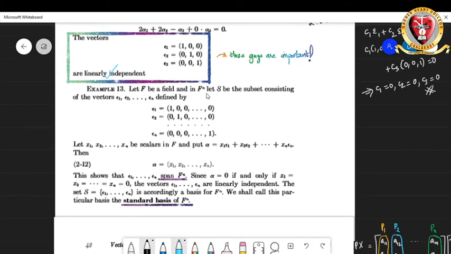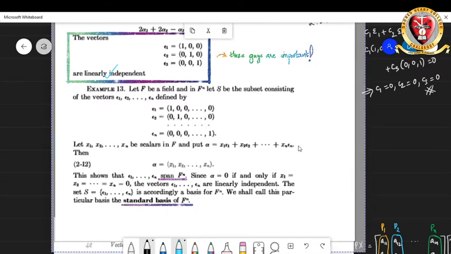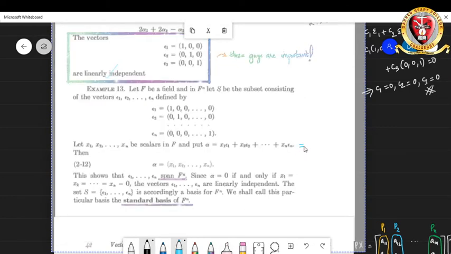Let F be a field, and in Fn, let S be the subset consisting of the vectors epsilon 1, epsilon 2, etc., epsilon n, defined like this: 1, 0, 0, 0, 1, 0, 0, 0, etc., 0, 0, 0, etc., 1. Let x1, x2, etc., xn be scalars in F and put alpha equal to the linear combination x1 epsilon 1 plus x2 epsilon 2 plus etc. xn epsilon n.